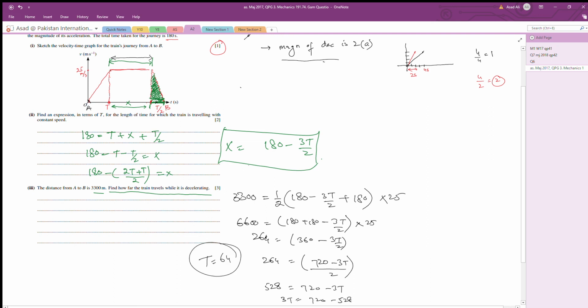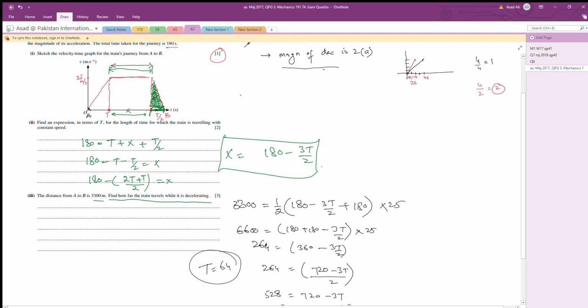Now for how much time is it traveling with deceleration? How much time is this deceleration taking? So for the deceleration, I'm changing the color, the time is 1 over 2 into t. Now it's 32 seconds.